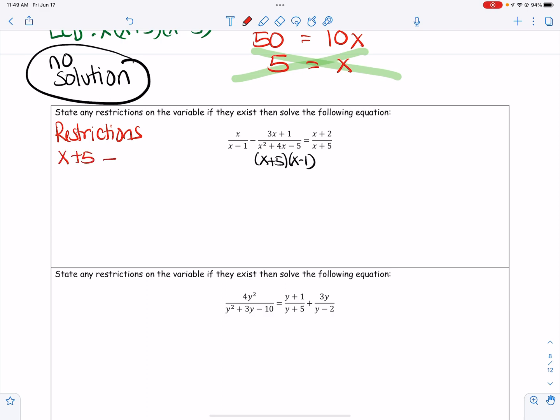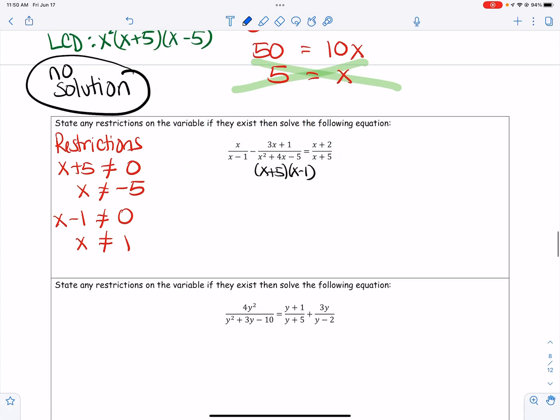X plus 5 cannot be 0. So that says x cannot be negative 5. X minus 1 cannot equal 0, so x cannot be 1. My LCD is just going to be the combination of those two factors, x minus 1 times x plus 5.